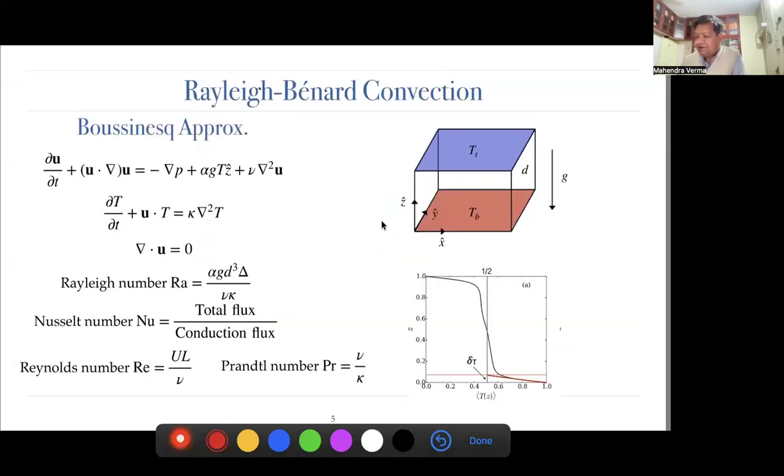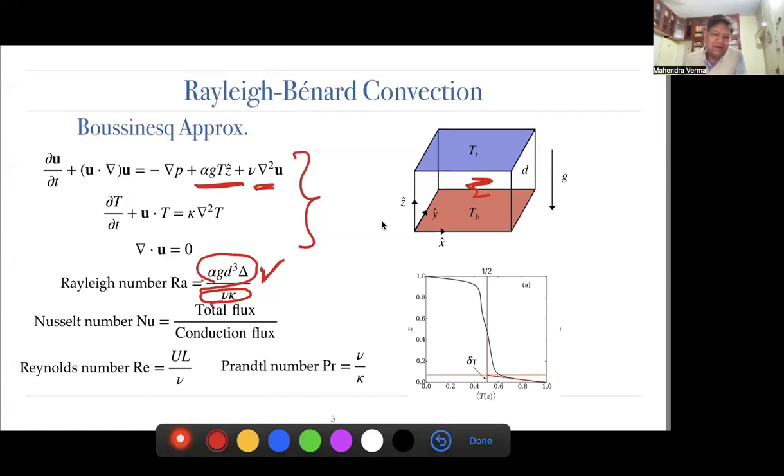The setup which I'm going to explain for this presentation is Rayleigh-Bénard convection. Here there's a velocity field and a temperature field, and the fluid is confined between two plates. The parameter which I mentioned before is called the Rayleigh number, which is the ratio of the buoyancy, which is on top, and the viscous term at the bottom.